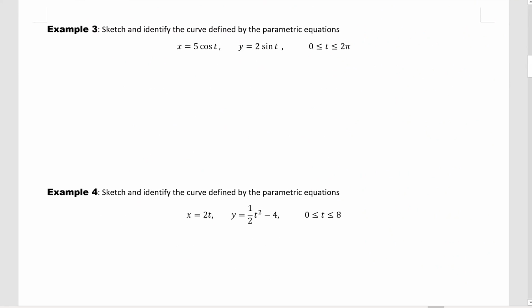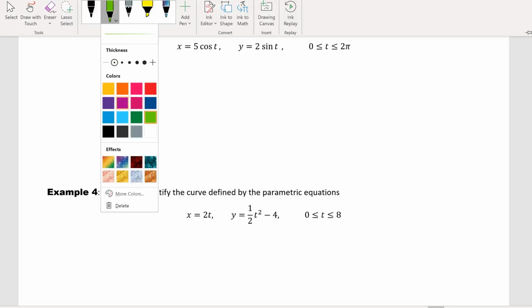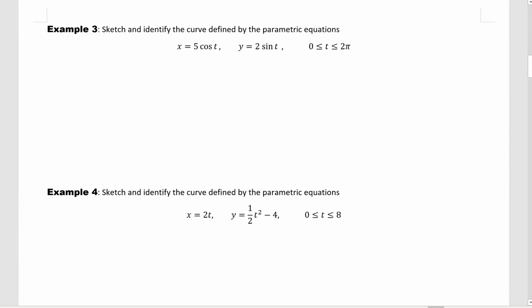Let's continue. Example 3. Whoa, still have cosine and sine. So it's the same trig identity: cosine squared plus sine squared is 1. But what is cosine? Well, cosine t is x over 5 and sine t is y over 2.